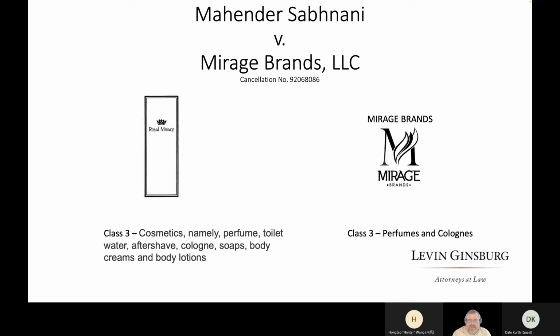And in this case, what you look at is what's the strength of the word Mirage for perfume. And Mirage is certainly not descriptive. It potentially could be distinctive on its own. If you look at the differences between the two, there's Royal Mirage versus Mirage Brands, and the focus on the one on the right is that they have the word Mirage as the dominant portion of their mark, which is the part consumers would focus on.